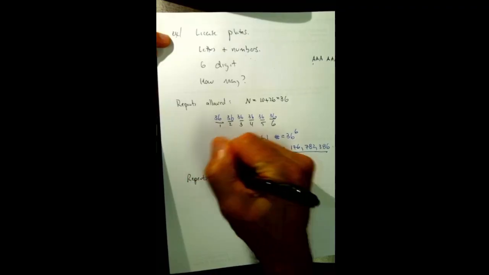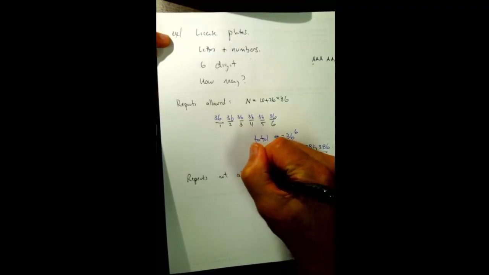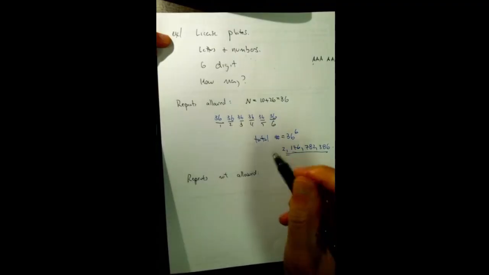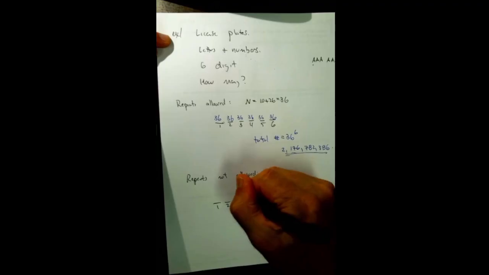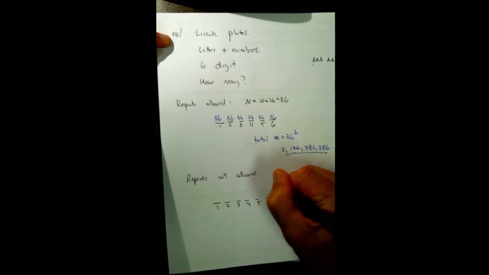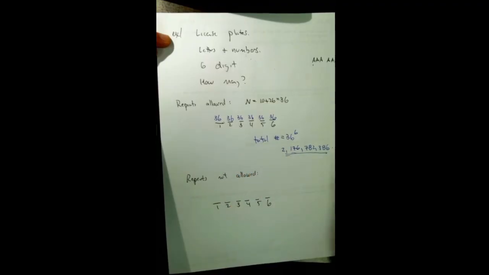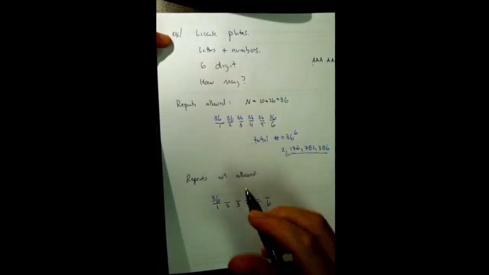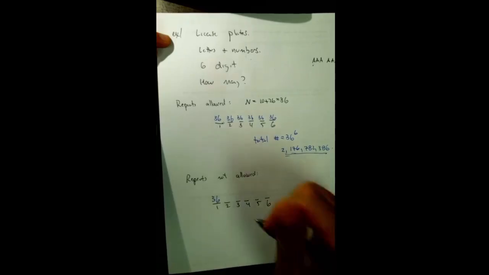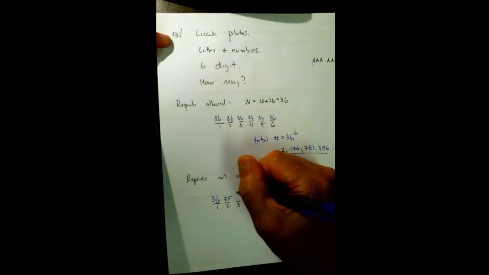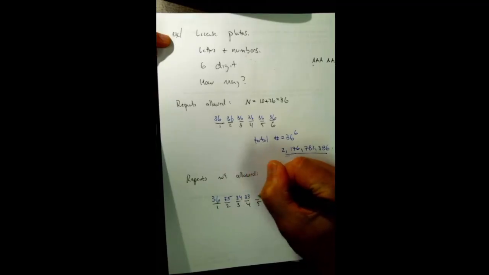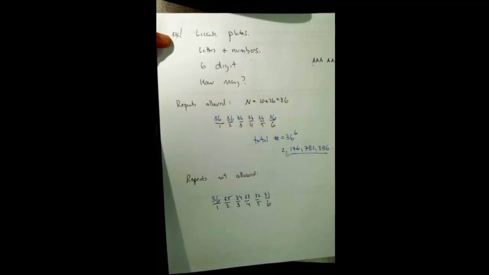Suppose I say repeats not allowed. So in this situation, once I put a number in the first thing or a letter, I can't go back and reuse it. So just like before, I've got 6 slots. Initially, I have 36 options. If I'm not allowed to repeat anything, once I've used that, it's gone, and now there's only 35 options. So only 35 could go there. For the third, now I've removed 1 object, so now there's only 34 left. And I can keep following that pattern.